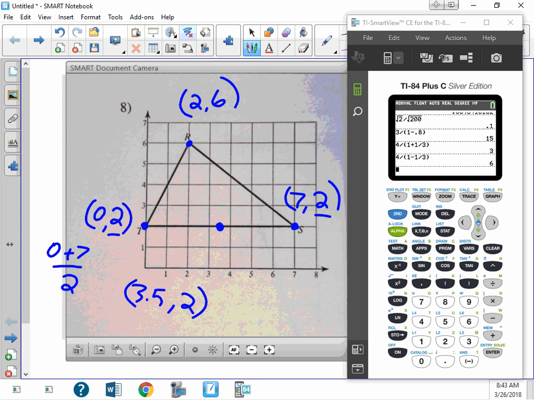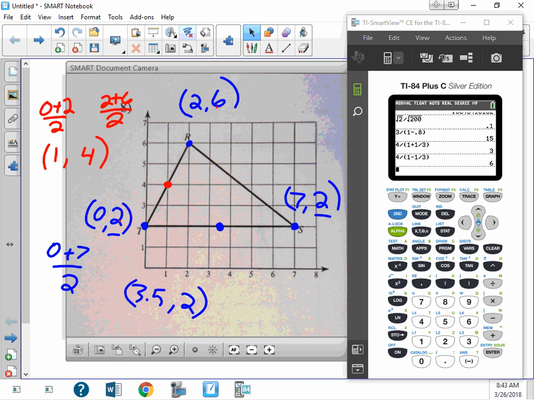Okay, the second one, 0 plus 2 over 2. 0 plus 2 is 2. 2 divided by 2 is 1. Okay. And then 2 plus 6 is 8. Over 2 is 4. So 1, 4, that's my second midpoint. And the third one, 2 plus 7 over 2. 2 plus 7 is 9. 9 divided by 2 is 4.5. And then 6 plus 2 is 8, and 8 divided by 2 is 4.